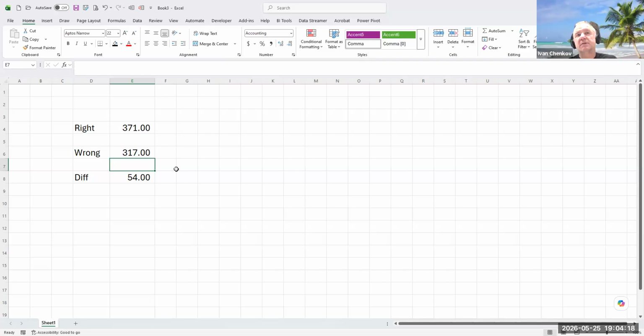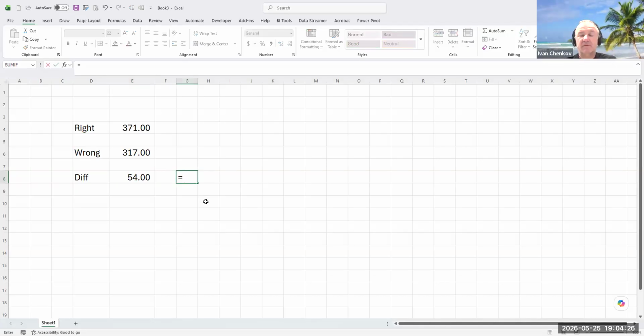That's another transposition there. Now, as you can see here, the difference is 54. But if I break this down, I'm going to see that inside I have 5 plus 4, which equals 9. Again, transposition error.